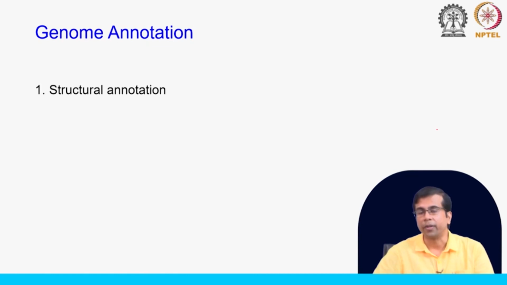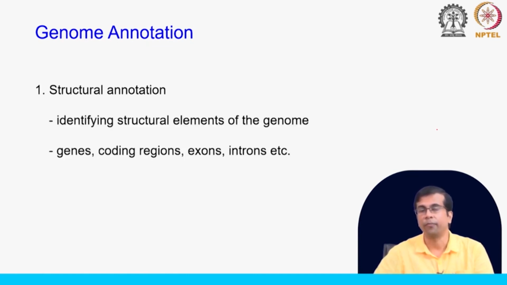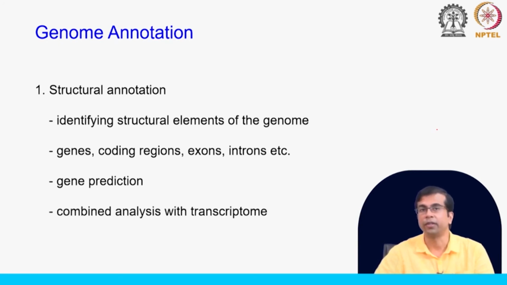There are two types of annotation that you can do. The first is structural annotation. This is about identifying structural elements of the genome, for example, genes, coding regions, exons, or introns. You can do this through something called gene prediction. You can check closely related species or organisms and see whether there are sequences resembling genes from those species.